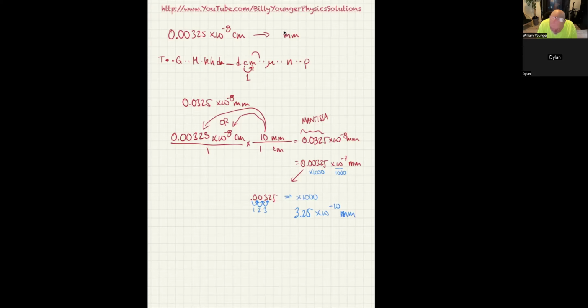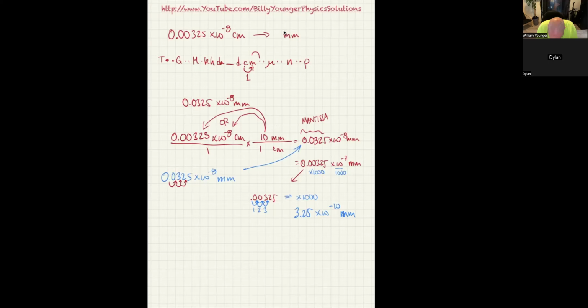But you could also have done it with this other version the exact same way. You'd say 0.0325 times 10 to the negative 8 millimeters. And again, in this case, ooh, that was a really bad looking 0.3 there. So in this case, I could move it here, but that gives me 0.3. I could move it here, and that gives me 3.2, which is acceptable.